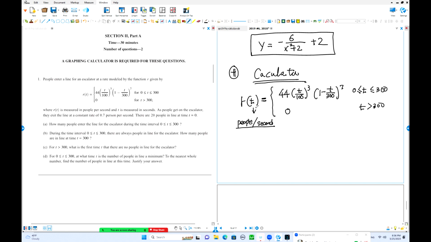As people get on the escalator, they exit the line at a constant rate of 0.7 people every second. There are 20 people in line at time t equals 0. There are 20 people waiting at the escalator.